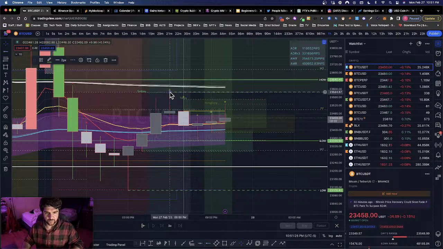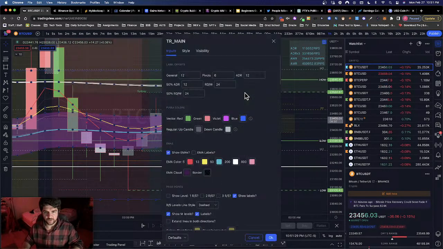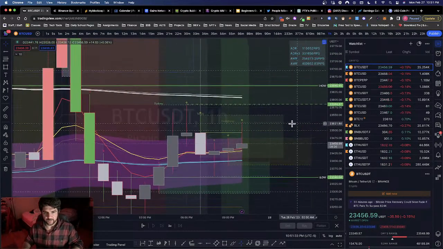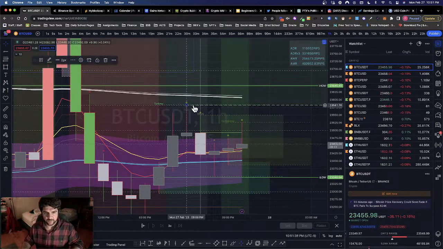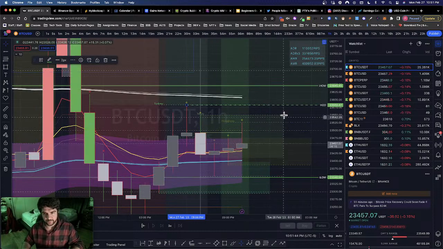So if you're looking for a short, in essence, you want to take it from the high of the day. You want it to tap 3 times without breaking, and that is where you can go short.